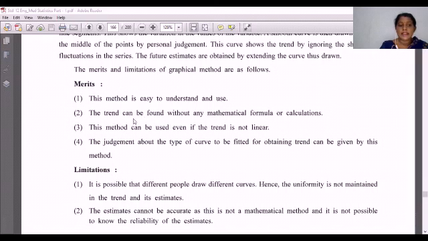The second is that trend can be found without any mathematical formula or calculations, because for presenting it on a graph we do not need any calculations or formula. You just have to look at your question, that is t and y, and present it or draw it on a graph paper. Then this method can be used even if the trend is not linear. The judgment about the type of curve to be fitted for obtaining trend can be given by this method.